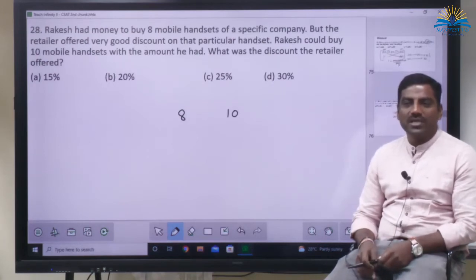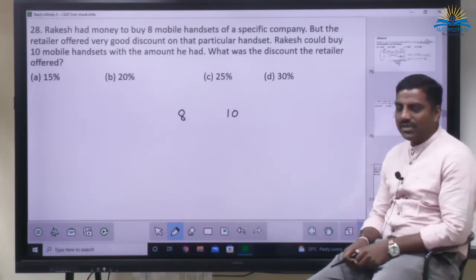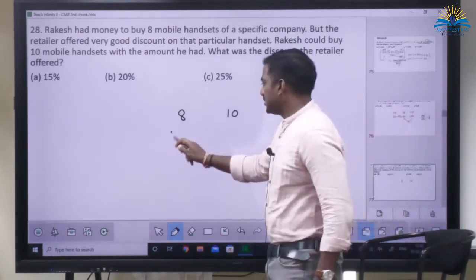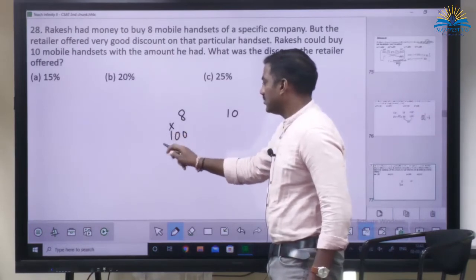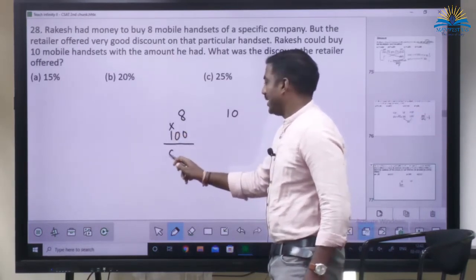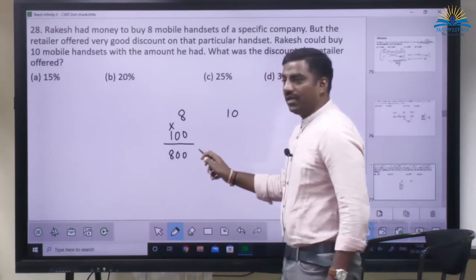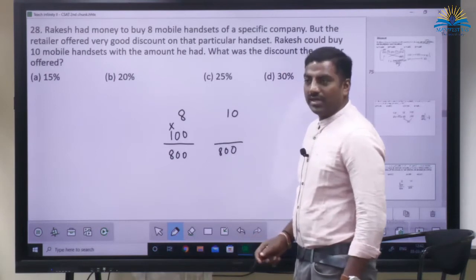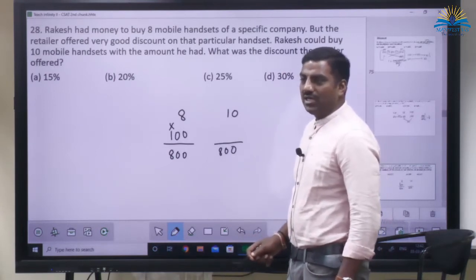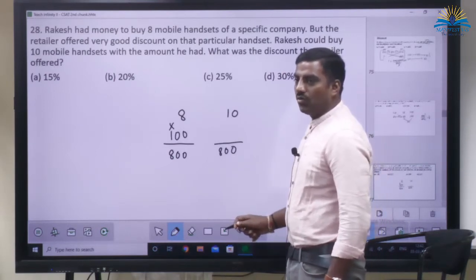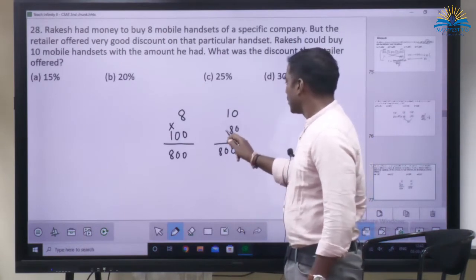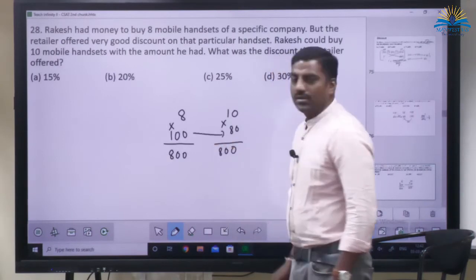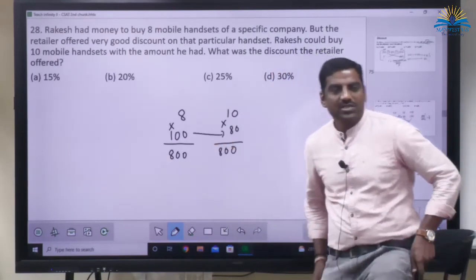He wanted to purchase how many? 8 handsets. Let us think that 100 rupees is the cost of each handset. So his budget was how much? 800. But he is getting 10 handsets for what? 800. So what is the selling price of this one? 100 rupees goods is given at 80 rupees. What is the discount?